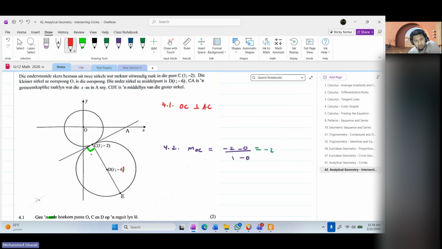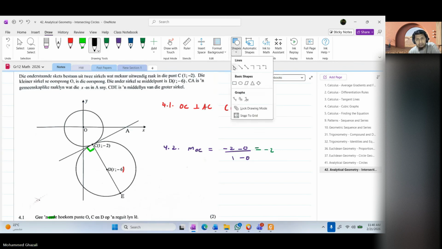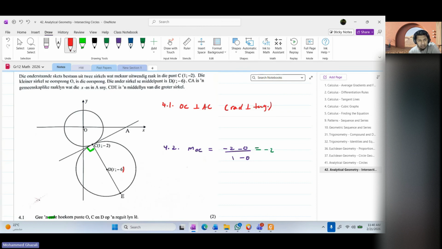That didn't make sense at all. You can't just write CD is the diameter. OC is perpendicular to AC because that's a radius perpendicular to tangent. And then you also have DC. I'm going to join this line here.